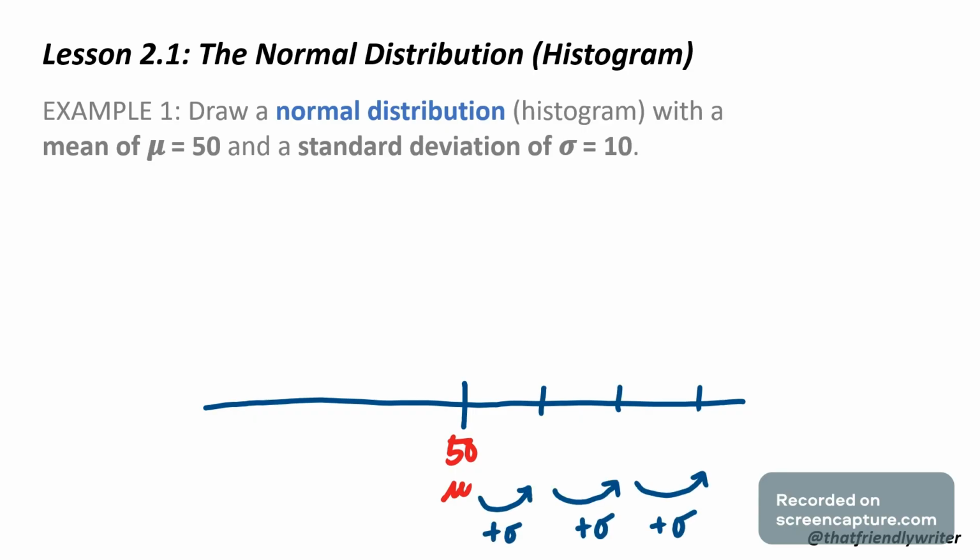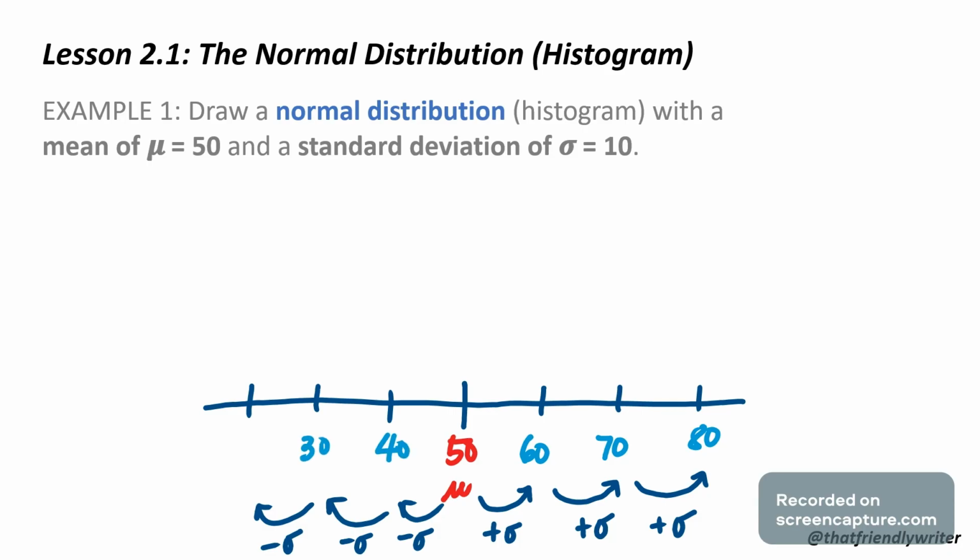Next, we draw three increments by adding sigma units of 10. That means after 50, we add sigma equals 10. That means it's 60, 70, and 80, adding 10 for every count. And then on the left side, we subtract sigma units. Therefore, it will become 40, 30, and 20. So the mean is 50, the sigma is 10.